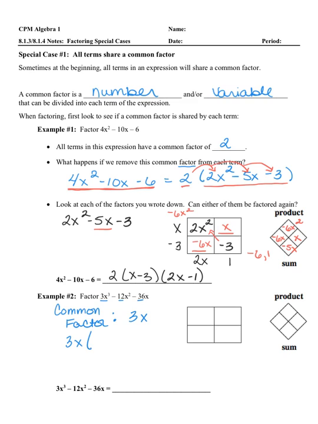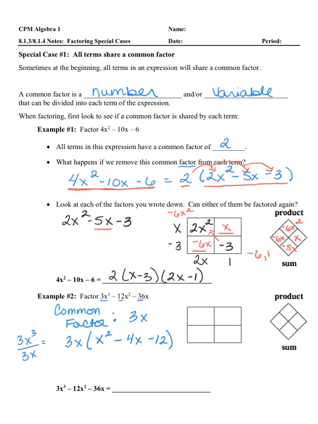When we do that, if we take 3x cubed and divide it by 3x, we're left with x squared. If we take negative 12x squared and divide it by 3x, we're left with negative 4x. And if we take negative 36x and divide it by 3x, we're left with negative 12.